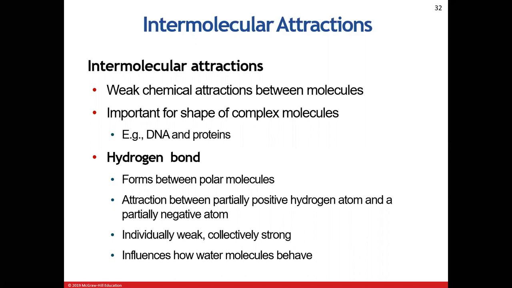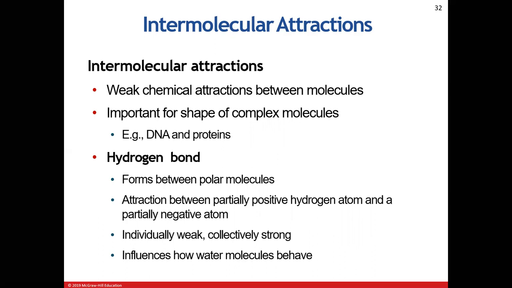shape. If you think back to what the DNA structure looks like, it's a double helix, if you've learned that before. And in order to maintain that double helix, we really need to look at the hydrogen bonds and how they hold everything into place. So hydrogen bonds are actually formed between polar molecules. And the attraction is between the partially positive hydrogen atom and the partially negative atom.